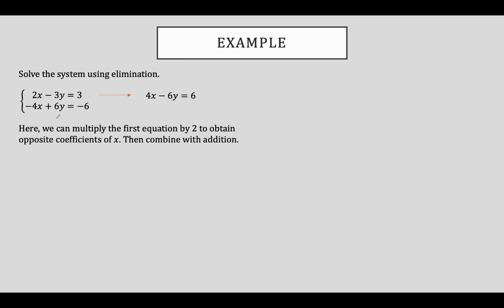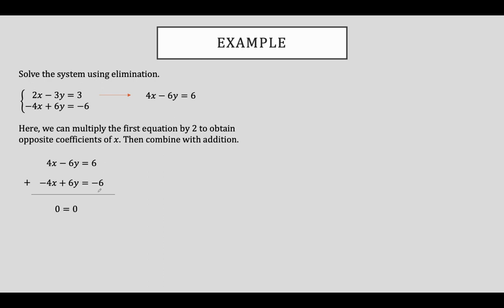If we combine those with addition, we have 4x minus 6y equals 6, and negative 4x plus 6y equals negative 6. 4x plus a negative 4x, well, those are going to eliminate and become 0. Negative 6y plus 6y, well, that actually eliminates as well. And 6 plus a negative 6, well, that equals 0 as well.